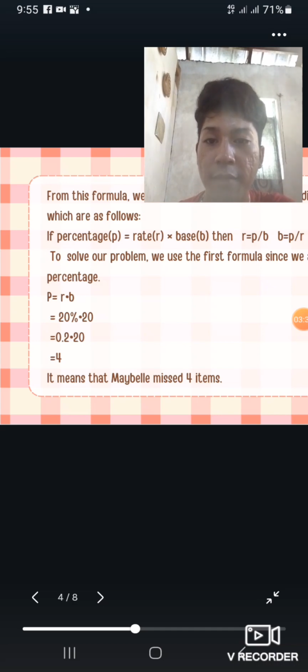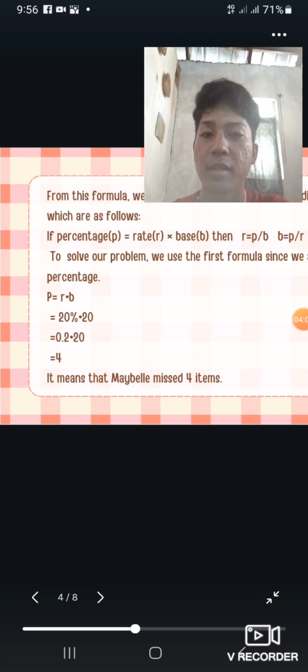So we have 20% times 20. So magkuha man ta sa percentage, so ato siya i-times ang rate and then the base. So we have 0.2 times 20. So dili pa naman siya percent, so ato siya i-convert into decimal para masayon nato siya ma-multiply sa 20 or sa base.